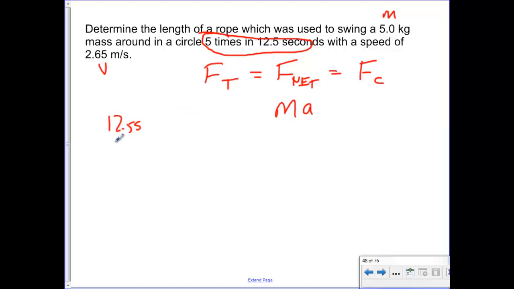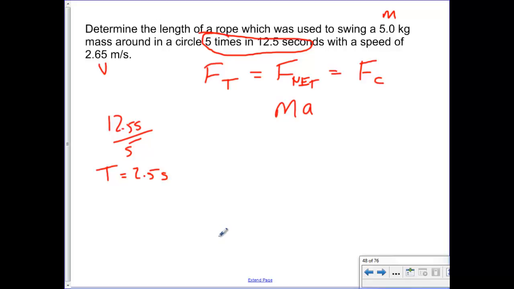Well, 12.5 seconds divided by 5. 2.5 seconds. Actually, technically that's your period. But if you were to then do 5 divided by 12.5 seconds, that would be your frequency. If seconds is on the top, it's period. And if seconds is on the bottom, it's frequency. So we actually have period.